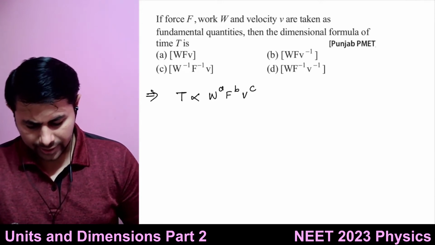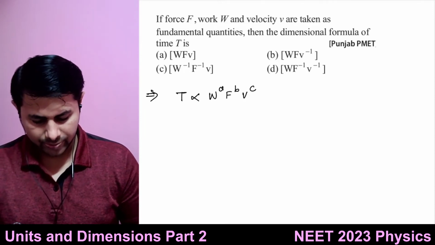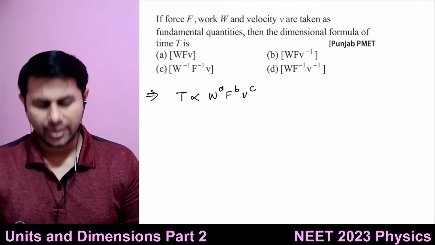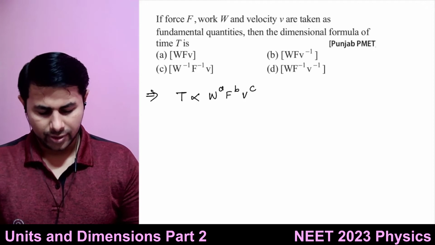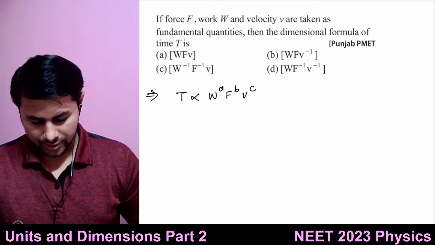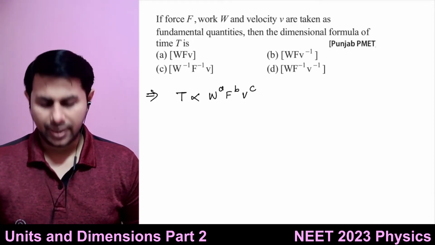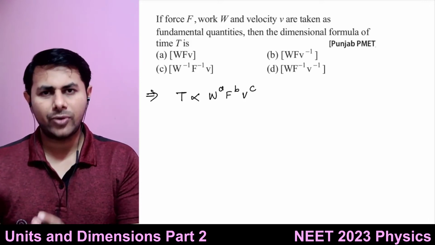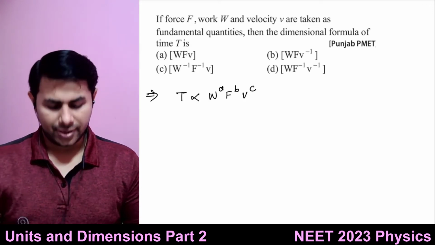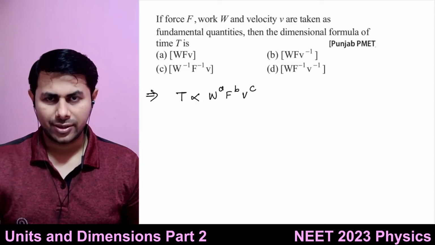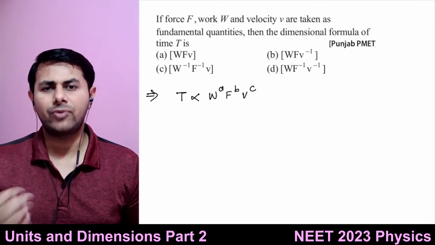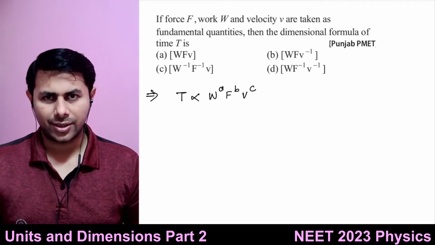So then I can remove the proportionality sign and put an equality sign. Till this, it must be clear, right? Yes, sir. So I have some formula for time in terms of work, force and velocity, but I don't know the powers of work, force and velocity in that formula.